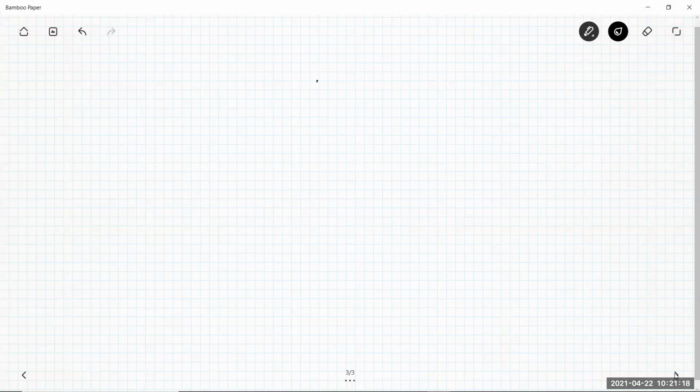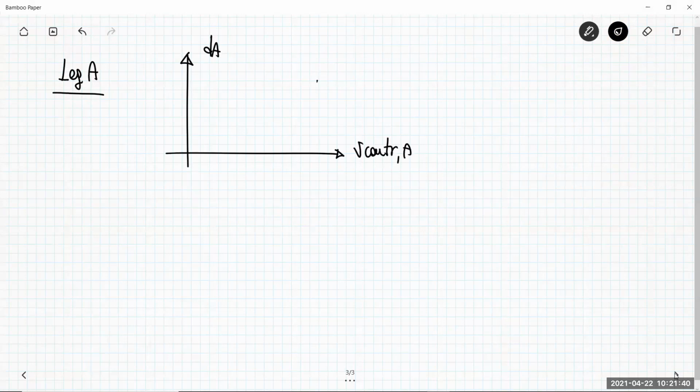Let's start with the leg A. For the leg A, we can consider the standard switching power pole. This is something that we already know because we discussed it. If you get the duty cycle versus the control voltage, the control voltage can range from 0 to the peak value of the triangular carrier waveform of the pulse width modulator, and the duty cycle can range from 0 to 1.